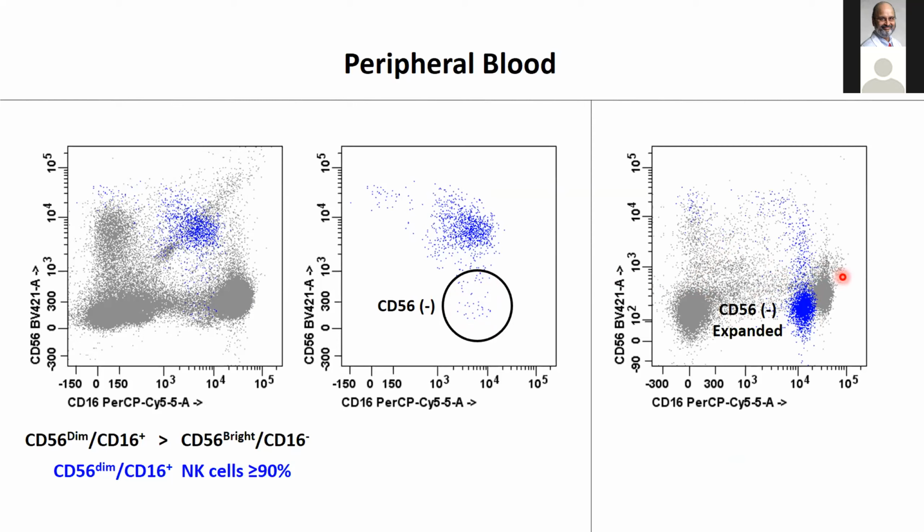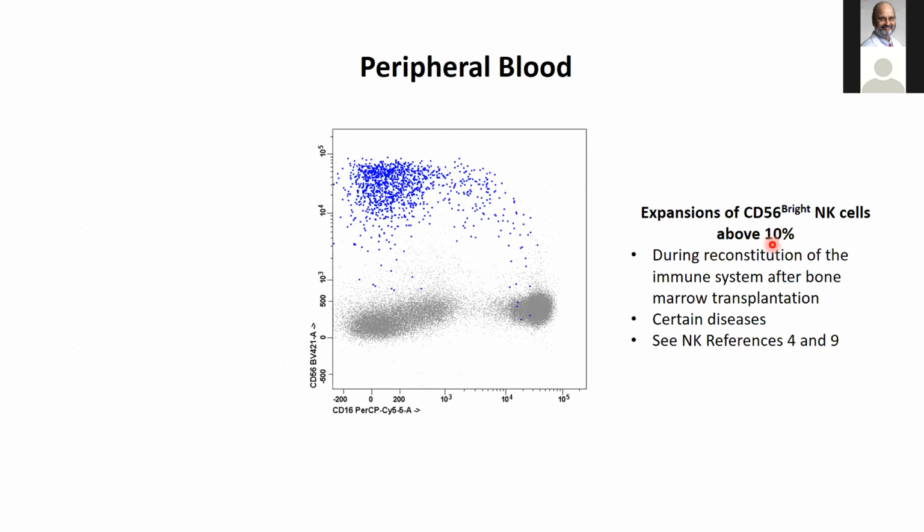But in the back of my head, I'm also going to keep in mind that there are normal conditions where you get an expanded population of CD56 negative NK cells. Three of those conditions are HIV, CMV, and hepatitis C viral infections. So this patient here happened to have HIV and had an expanded population of these CD56 negative NK cells.